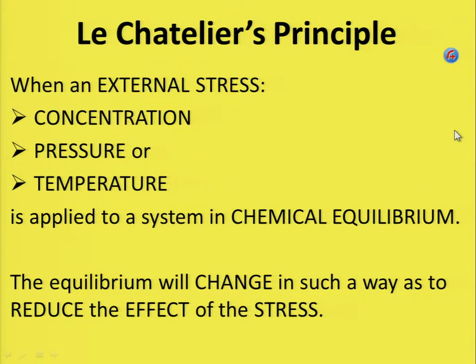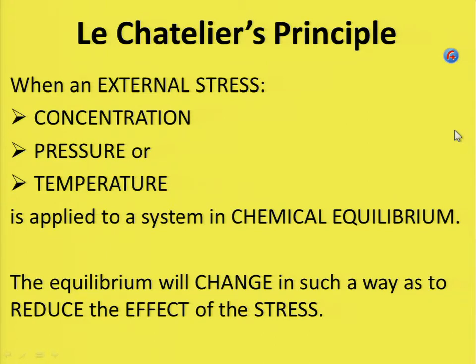So, an external stress means that if you have your reaction mixture at equilibrium and something is done to that reaction to disturb the equilibrium, that is called an external stress.